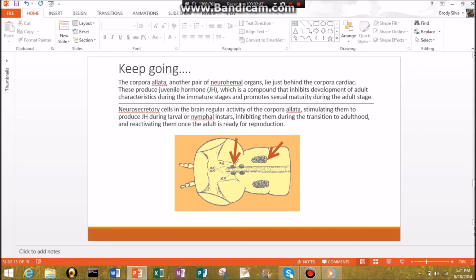So basically, these cells right here regulate the corpora allata, because juvenile hormone is what causes growth and the development of an adult towards reproduction.